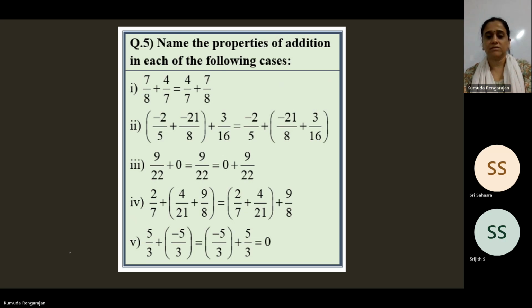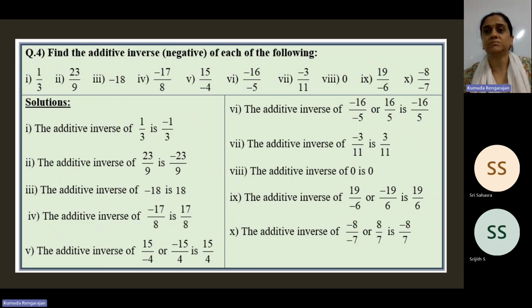Okay. Any doubts here, children? So what are the different types of question we saw here? When the minus sign is in the denominator, you should put it in the numerator. This is also the question only. You're just taking the minus sign to the numerator. We are still in the question here, and the negative of this is plus 15 by 4.